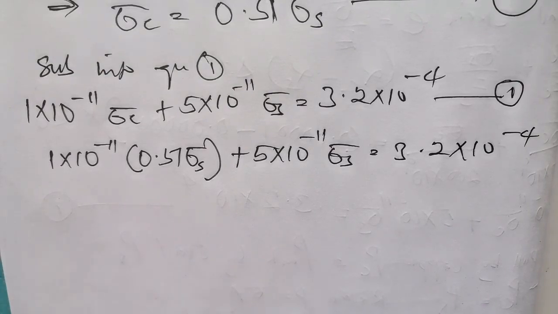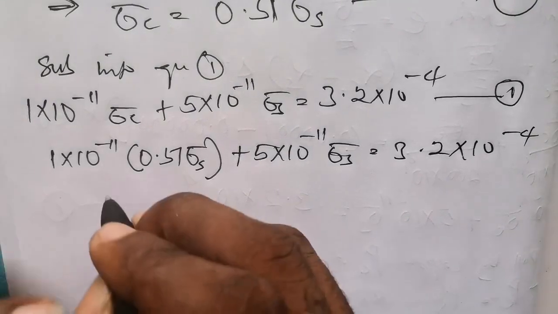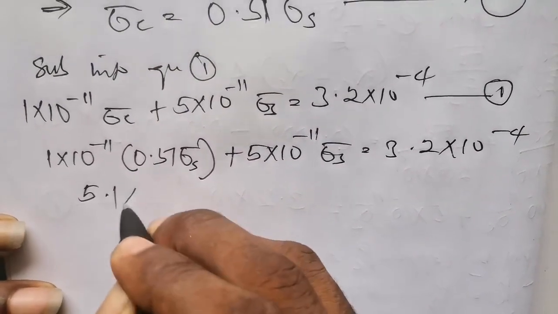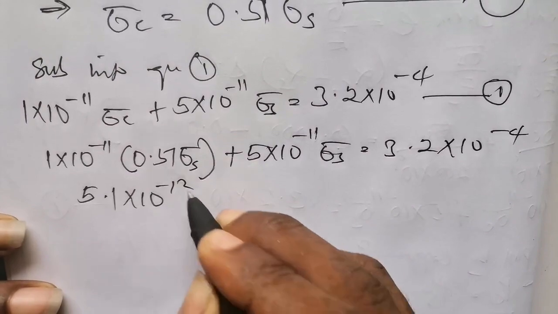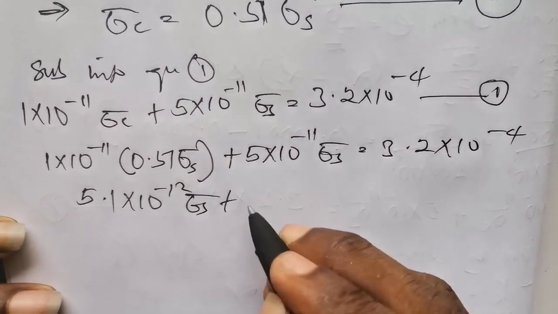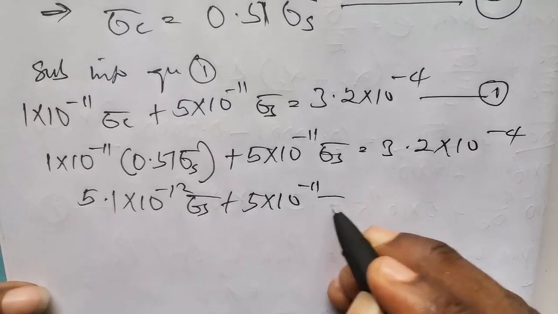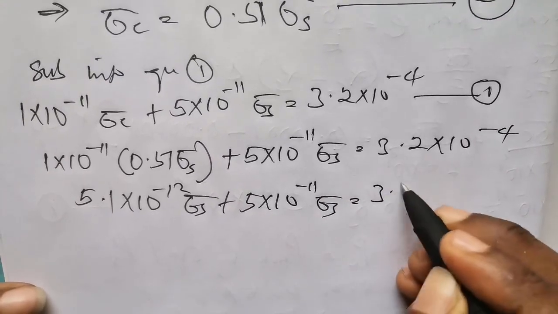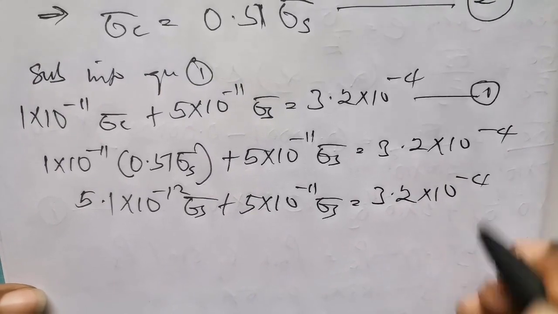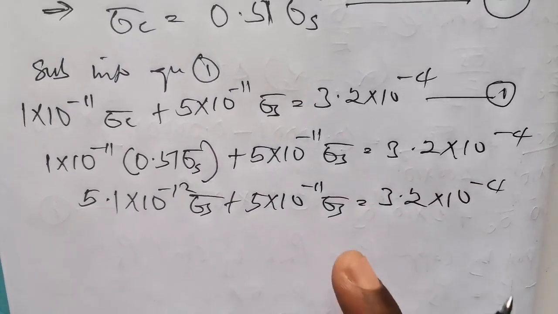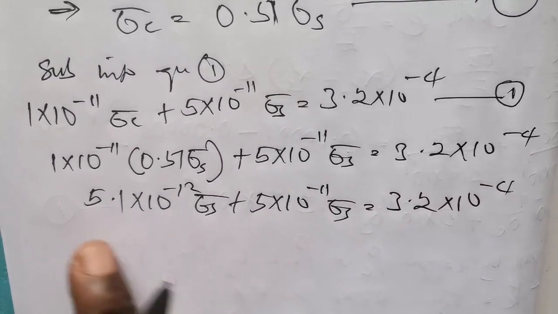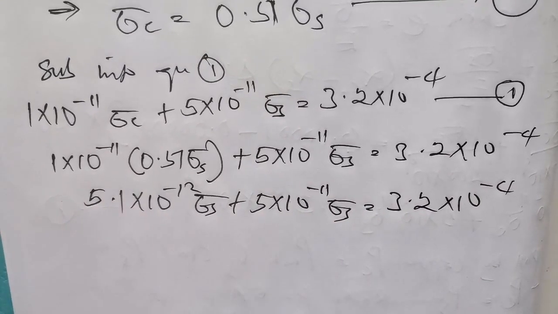So that gives us 5.1 by 10 to the power of minus 12. So we have 5.1 by 10 to the power of minus 12 sigma s, plus over here we have 5 by 10 to the power of minus 11 sigma s, and this is equal to 3.2 by 10 to the power of minus 4. So you observe that with this, we have been able to make this equation in terms of sigma s, so we can find the first stress.